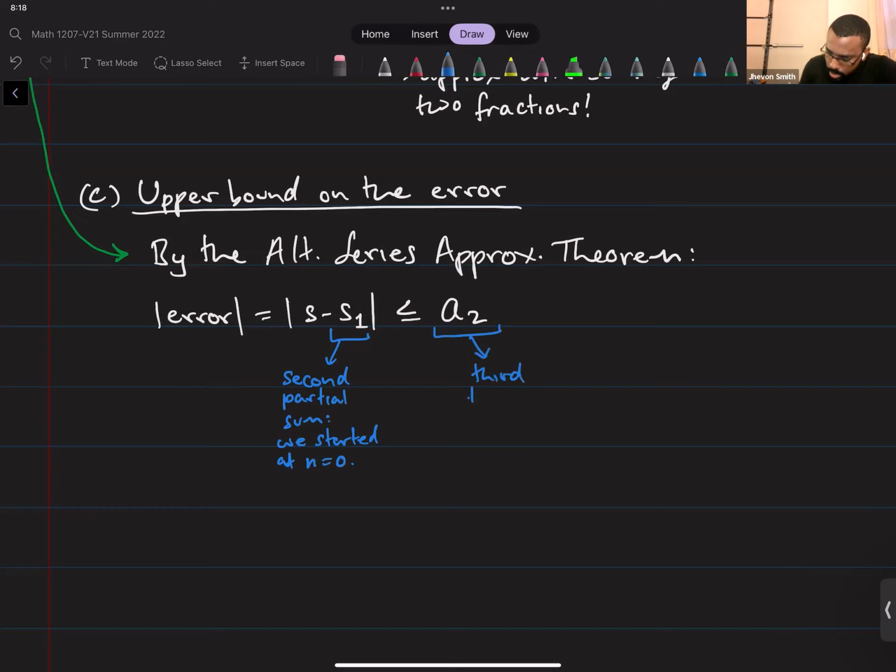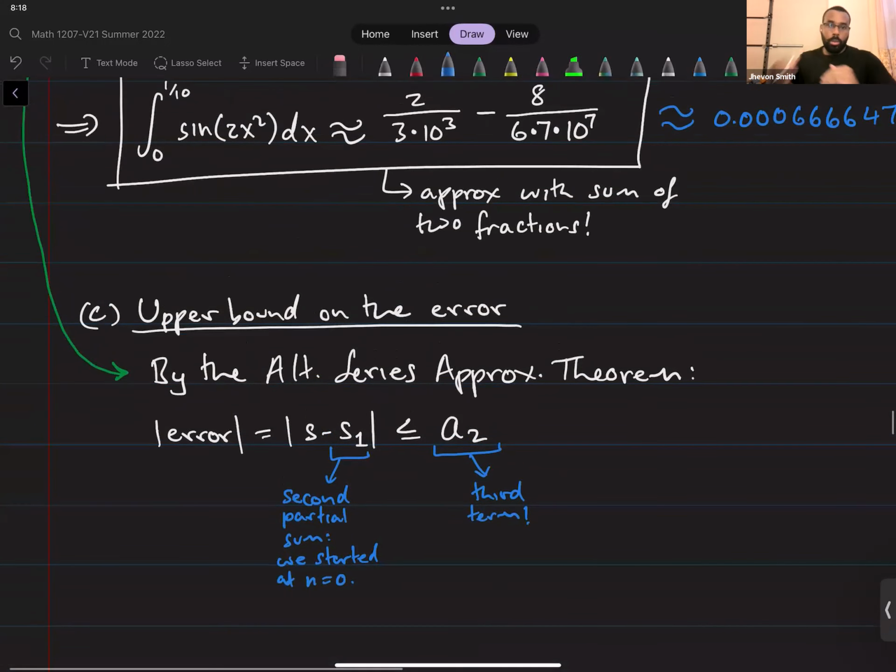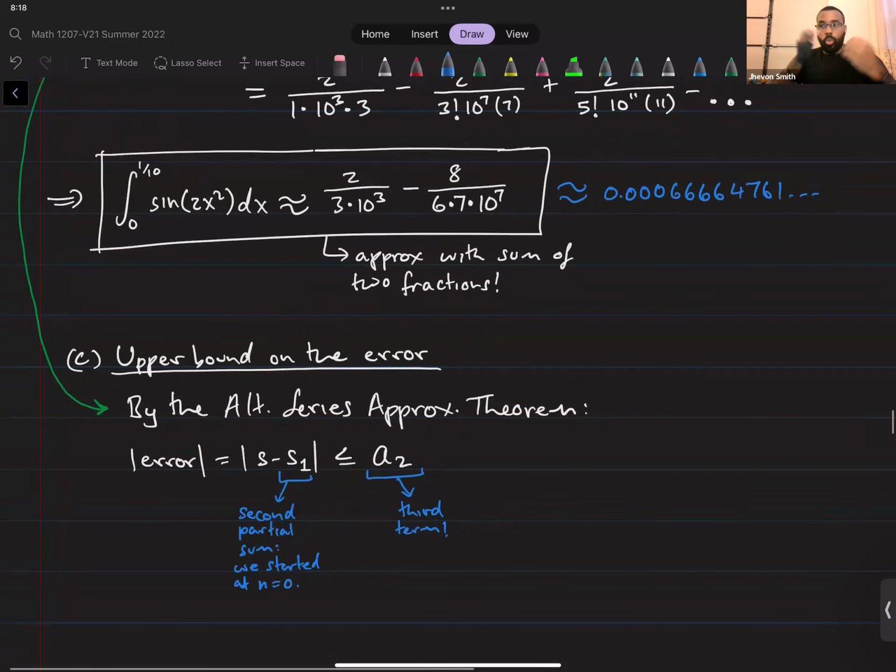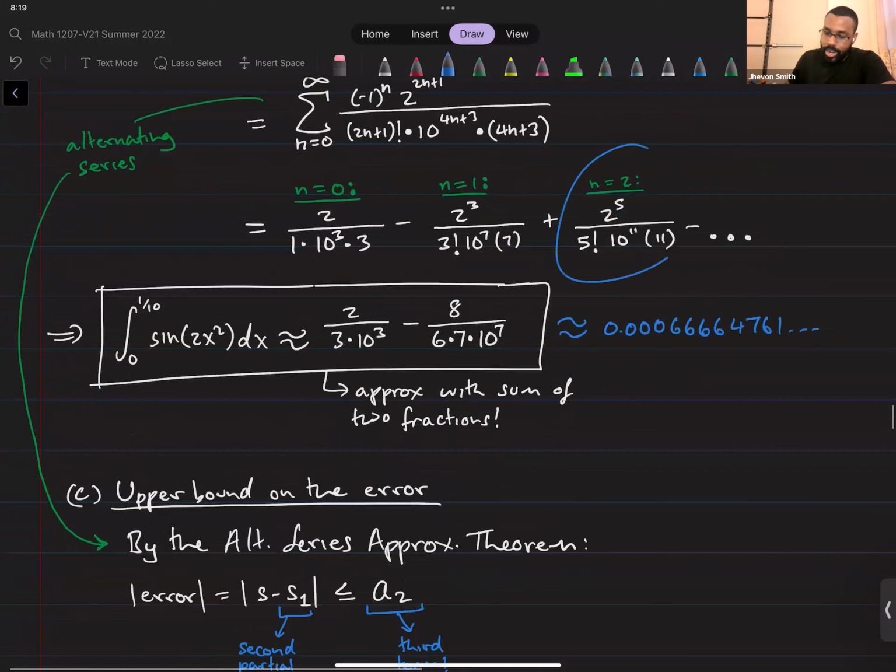And we know in an alternating series, wherever you stop the sum, the magnitude you are away from the actual answer is the magnitude of the very next term. So that's why I found the very next term. Even though they asked me for 2 fractions, I actually found 3 because I saw ahead of time that they're going to ask me to approximate the error.